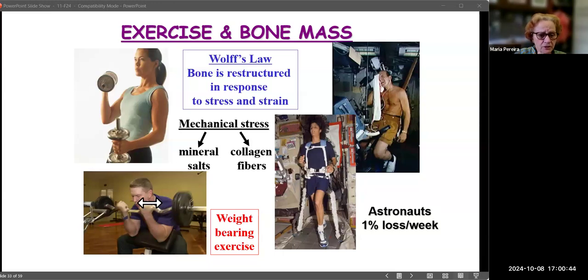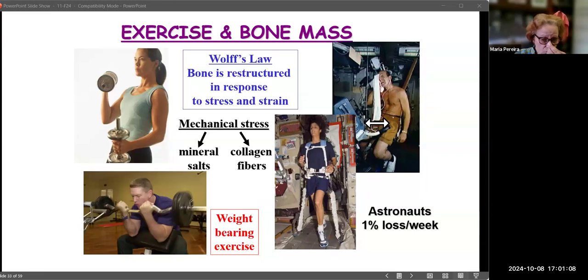So here you see lifting weights is a very good way of preventing osteoporosis, for example, because in osteoporosis, you have less calcium in the bones. So if you do these weightlifting exercises, you will activate the osteoblasts and prevent the bone matrix from being destroyed.